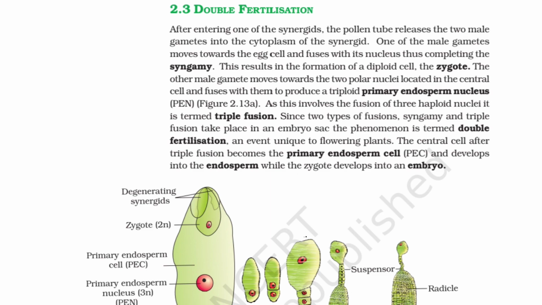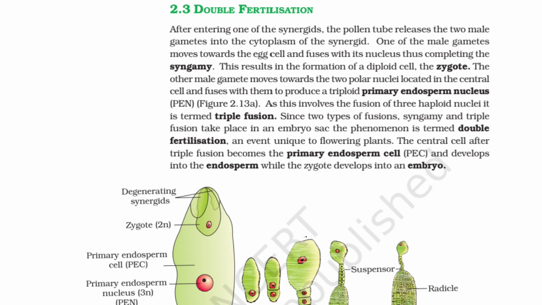2.3 Double fertilization. After entering one of the synergids, the pollen tube releases the two male gametes into the cytoplasm of the synergid. One of the male gametes moves toward the egg cell and fuses with its nucleus, thus completing the syngamy. This results in the formation of a diploid cell, the zygote.